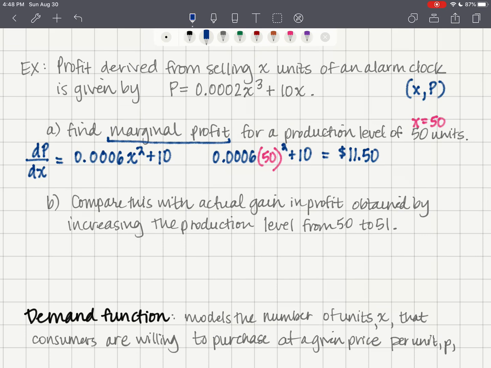Now remember, your change in profit is money and your change in x is units. So $11.50 per unit. That's the profit per unit at 50 units.